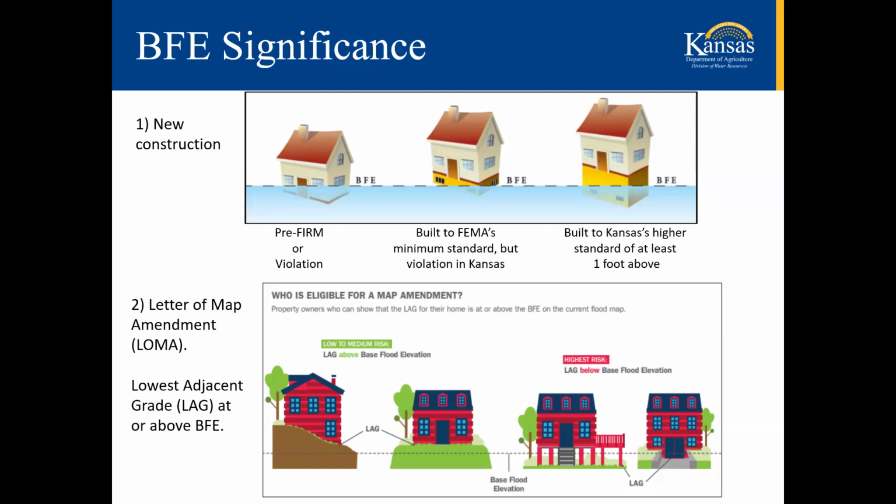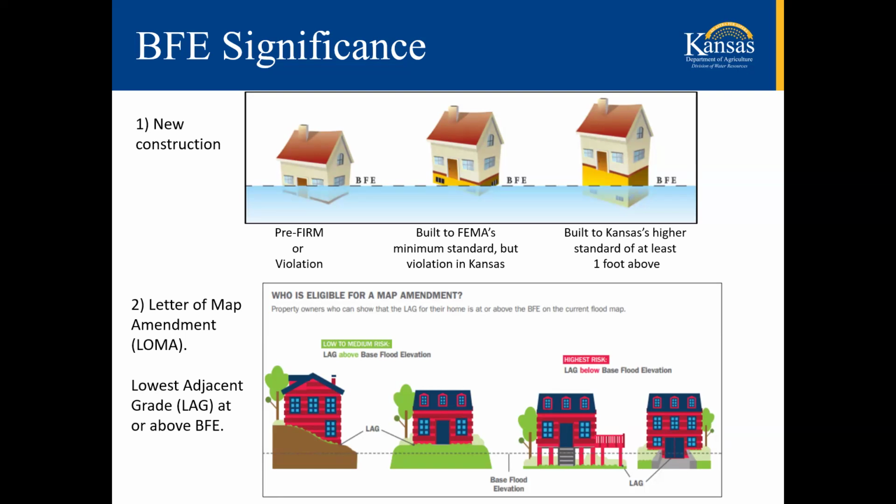Often we'll see those structures are not elevated to the current base flood elevation, and they don't have to meet that standard until they're substantially damaged or improved, which we'll talk more about tomorrow. They just predate the availability of risk data, so they weren't built to withstand that.